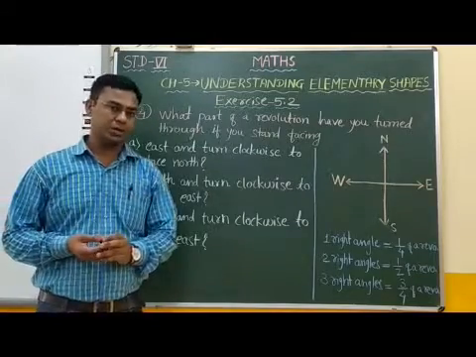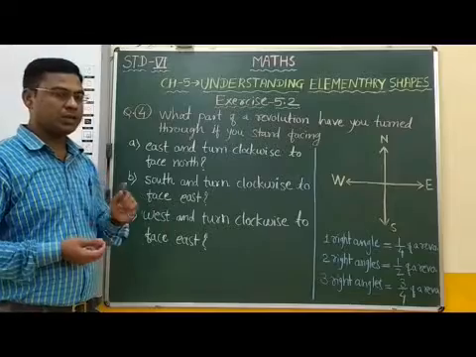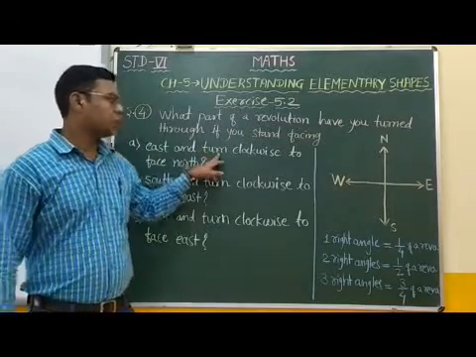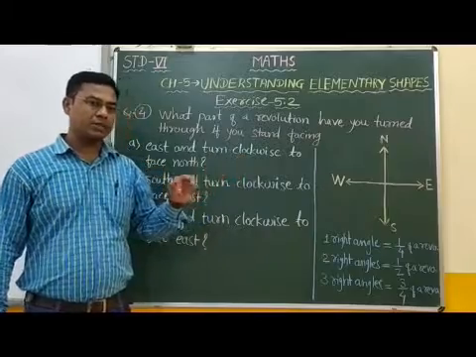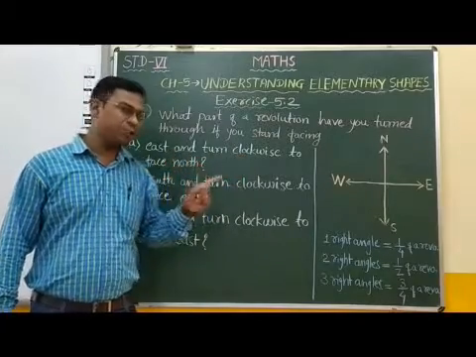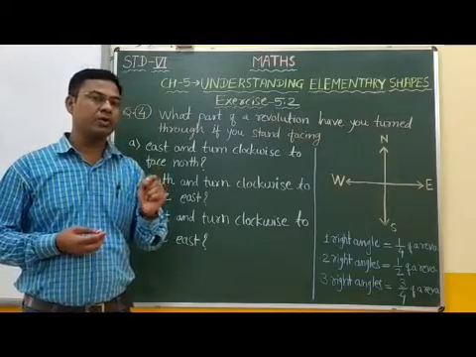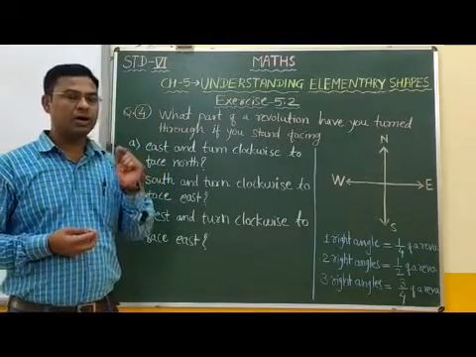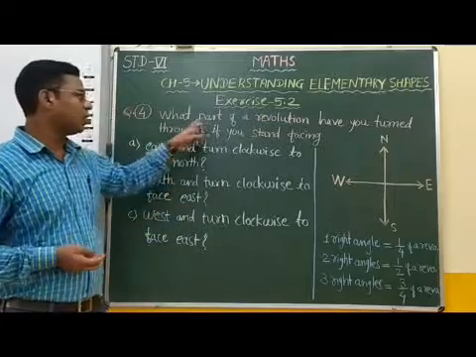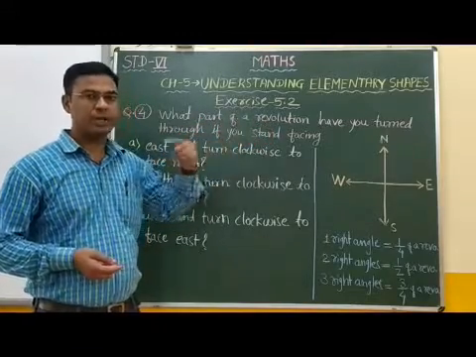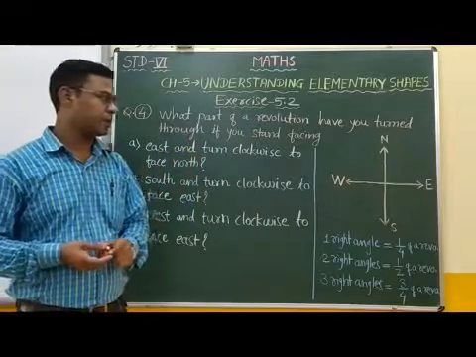In each question, the starting position is given, whether you turn clockwise or anti-clockwise is given, and your ending position is given, and we have to find the fraction of a revolution or part of a revolution. Part of a revolution means fraction of a revolution.